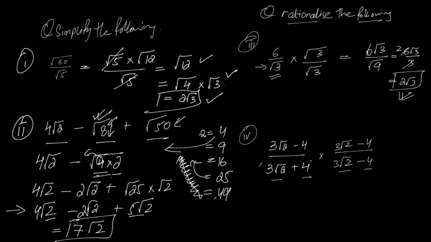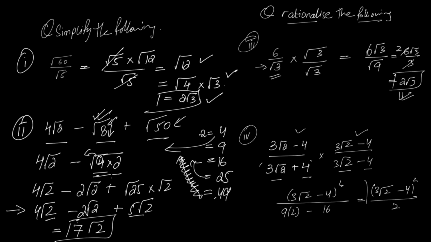If we look at the above portion, this will simply become 3 root 2 minus 4 whole square, and the bottom part will become 9, and this will become 2, and this will become minus 16. So you can simplify this. This might get simplified further if you open the bracket above. I'm not going to do that. This will give you this, and this will be your answer if you simplify it more.